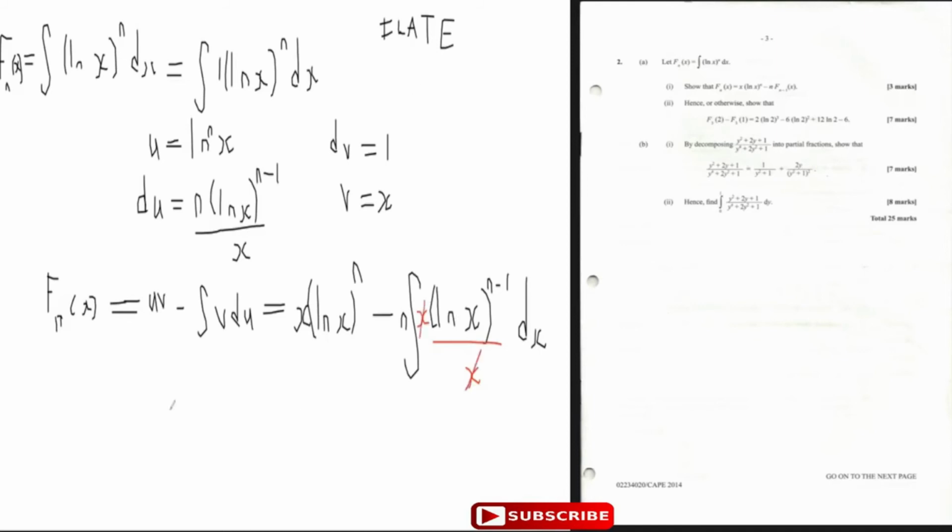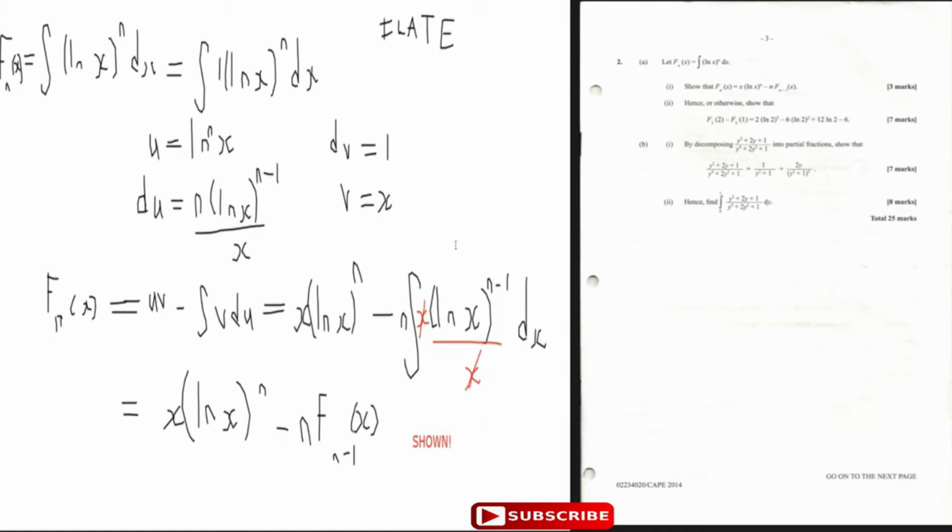So what this works out to be is just x ln x to the n minus n times the integral of ln x to the n minus 1, that's just f n minus 1 of x. That's how we do this question. Easily shown, so we can write shown easily.